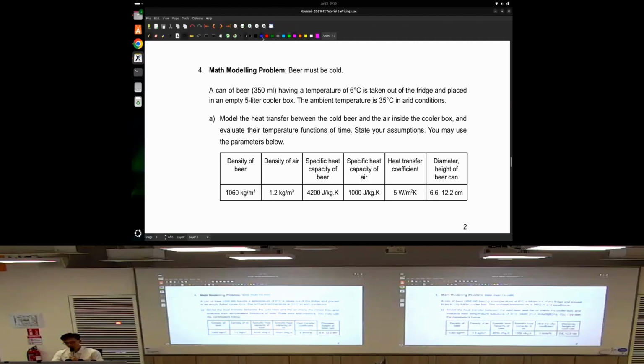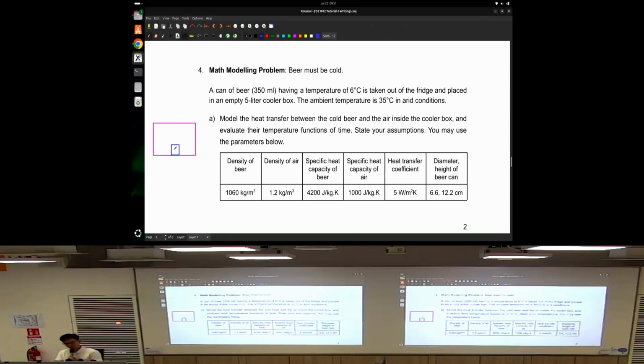So the 5-liter cooler box, maybe I draw something. The can of beer is 6 degrees, and you put it inside the cooler box. You're supposed to model the heat transfer between the cold beer and the air inside the cooler box, and evaluate the temperature functions of time. State your assumptions. You may use the parameters given below.